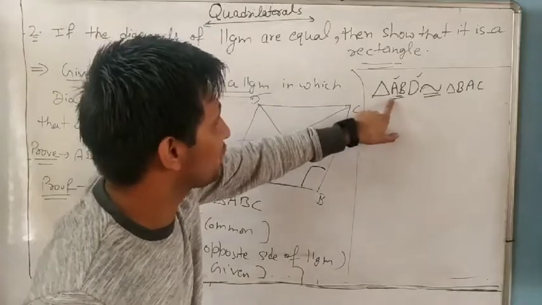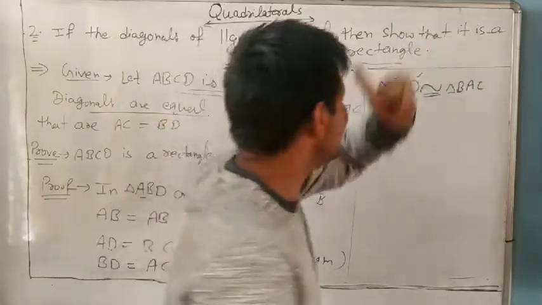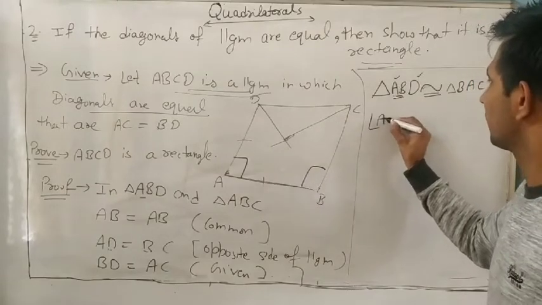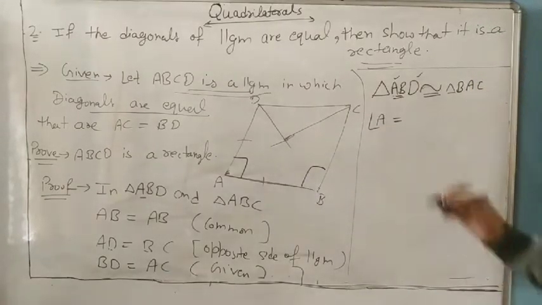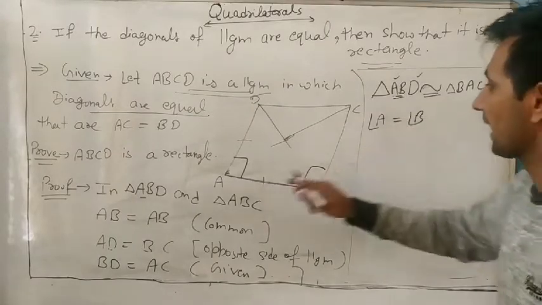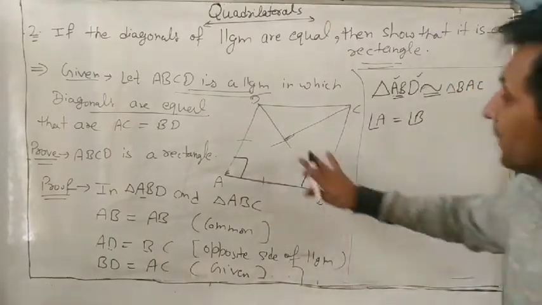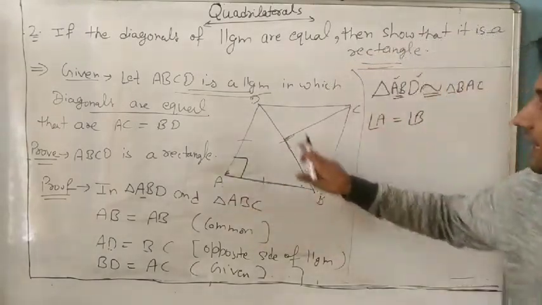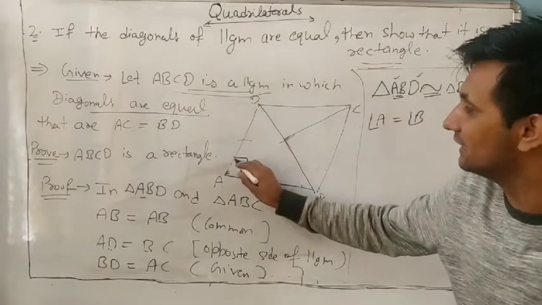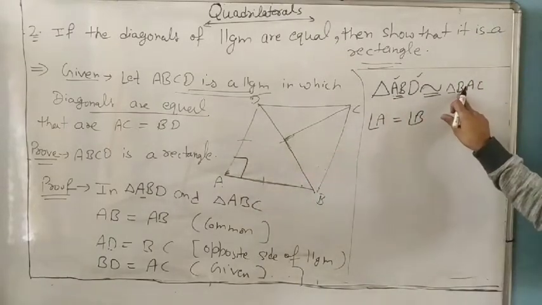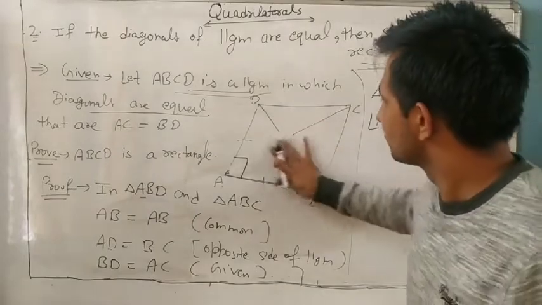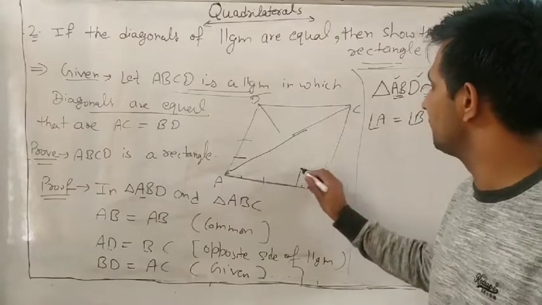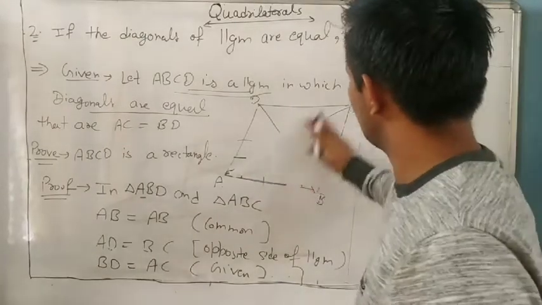Angle A is first, and here first is angle B. So you can write angle A equal to angle B, because angle A is in triangle ABD, and angle B is in triangle BAC. So angle A equal to angle B.